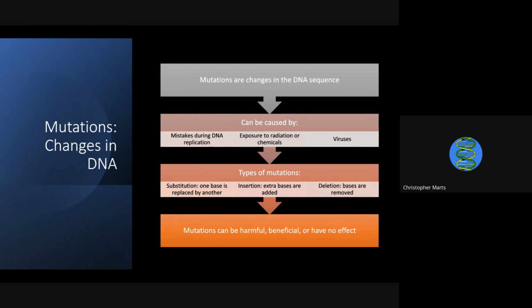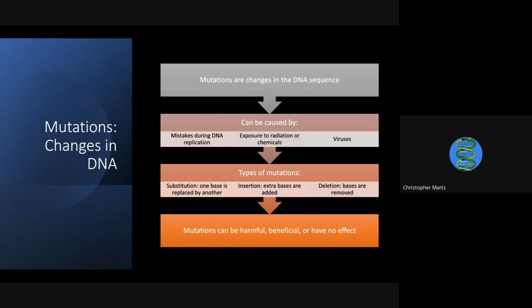Now, there are possibilities that the DNA strand either isn't replicated correctly or changes can happen in it. And we call those mutations. So that's any of those mistakes during DNA replication.